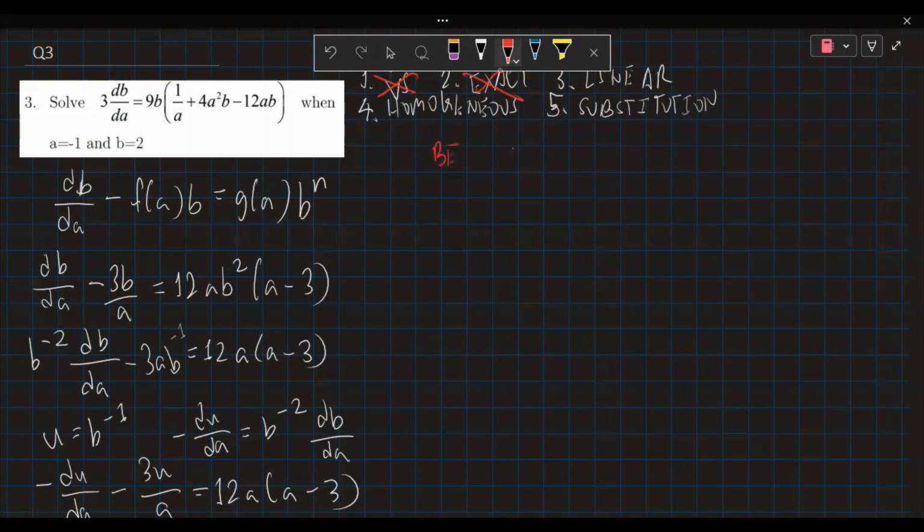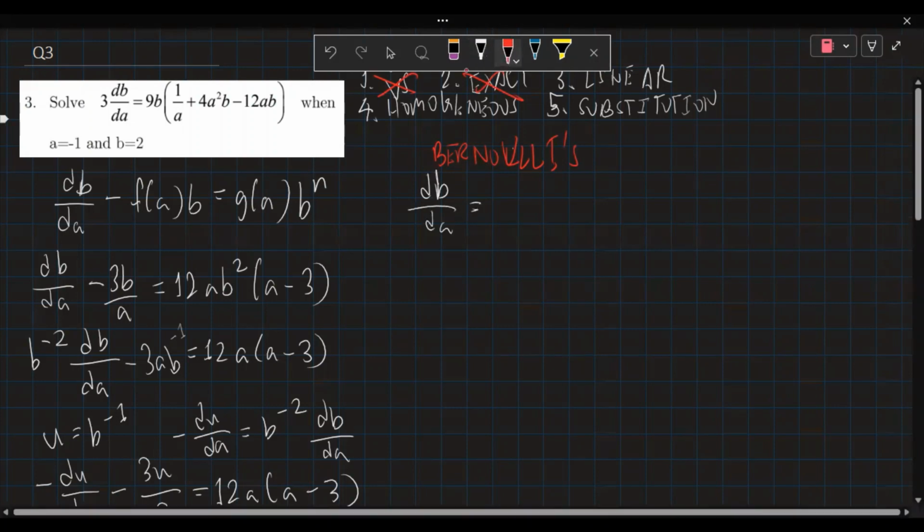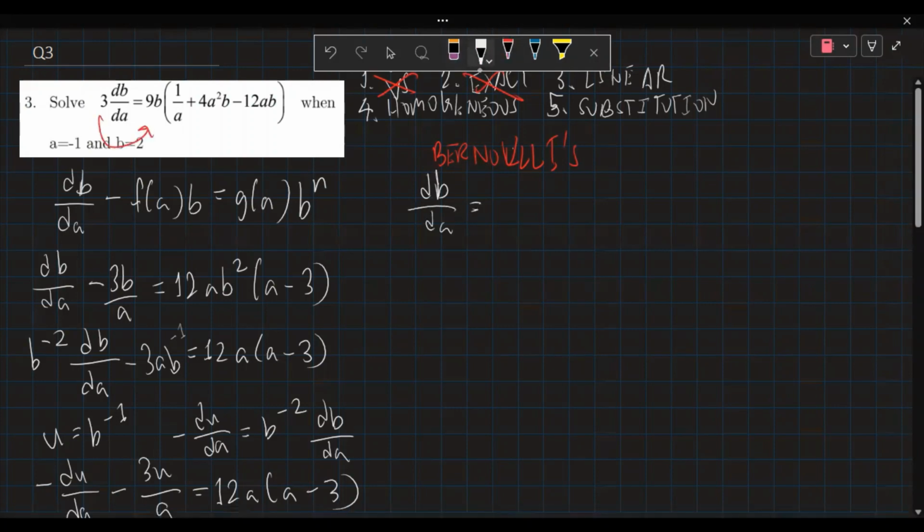Actually, I can see it here, because I already put it, it's from the reviewer. So let's check. dB, dA. I moved the 3 to the other side. Maybe 3B, then 1 over A plus 4AB for B plus 12AB.